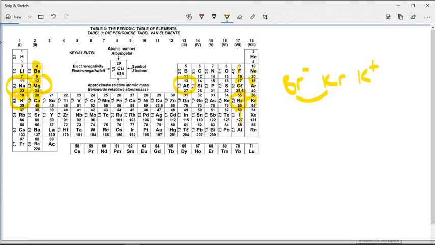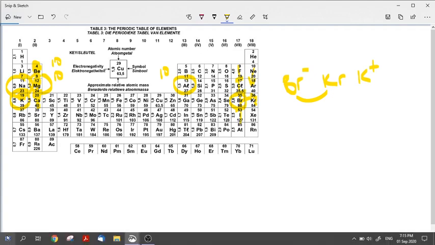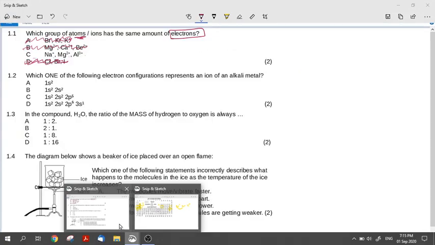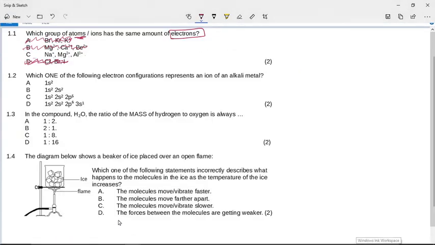So if aluminium loses 3 electrons, it's got 10. If magnesium loses 2 electrons, it's got 10. And if sodium loses 1 electron, it's got 10 electrons. So it must be sodium, magnesium, and aluminium. So that is now the correct answer. So here the answer is C.